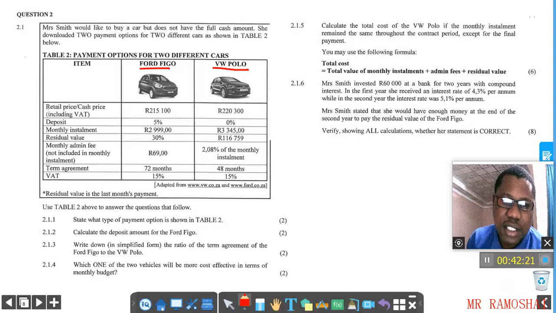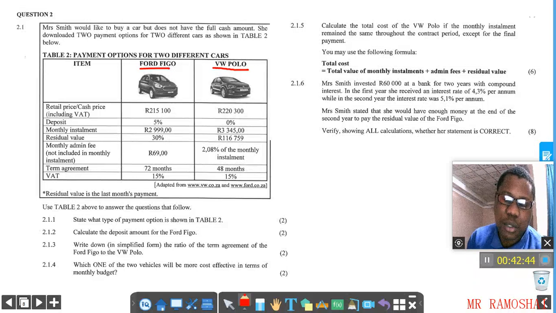The residual value, this is 30% of the cash price. Then the residual value here is 116,759. Monthly admin fee, this one is 69. Then this one is 2.08% of the monthly installment. Term agreement for Ford Figo, you're going to pay for 72 months.